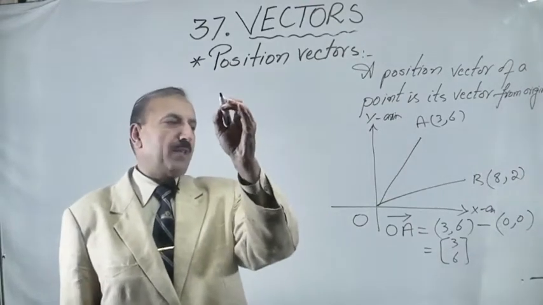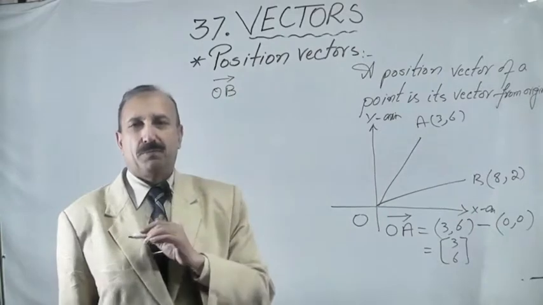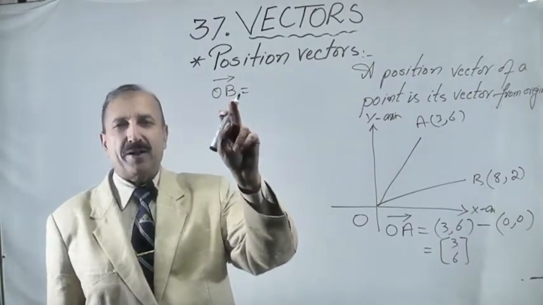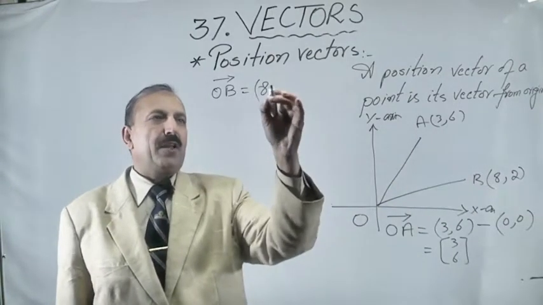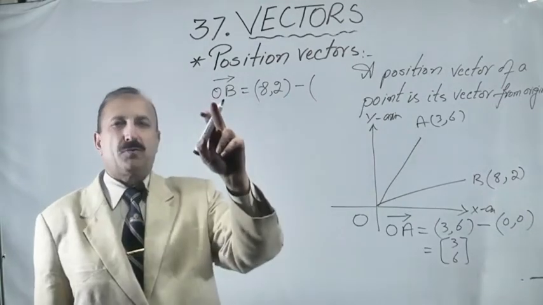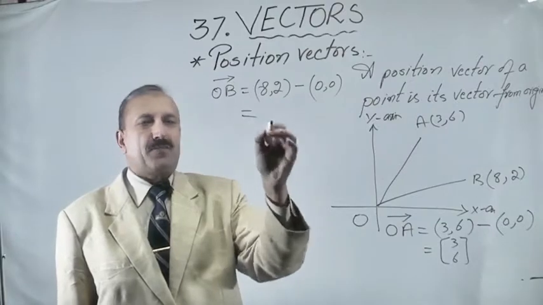If we want to find the position vector of B, that is OB. This is the position vector of B, and we will write the coordinates of the final point first. The coordinates of B are 8 and 2, always minus, and then write the coordinates of the initial point, the origin, that is 0, 0. Let's simplify.